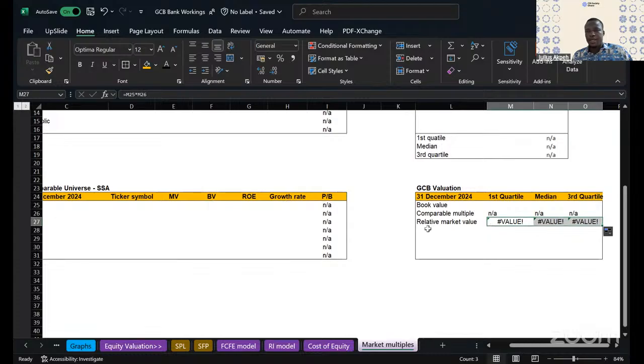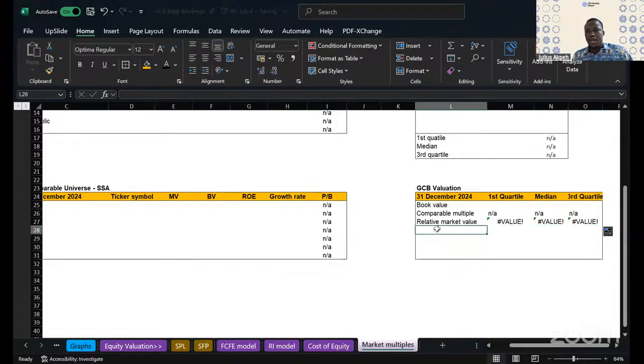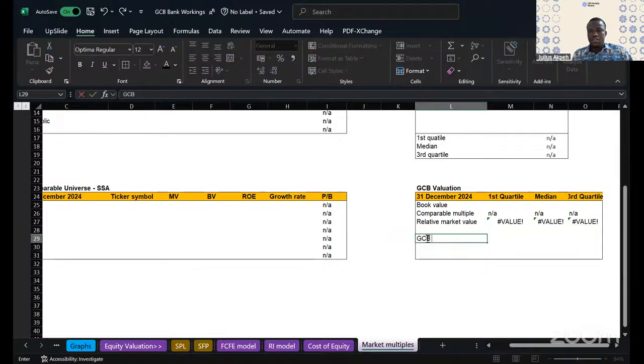And then we base the valuation on either of these. And we can also look at GCB's trading price to book ratio, or GCB trading value or market value. Okay, trading market value.